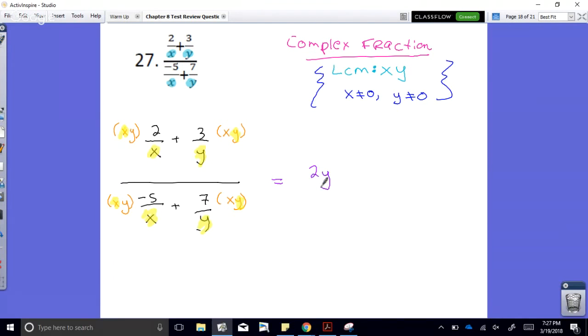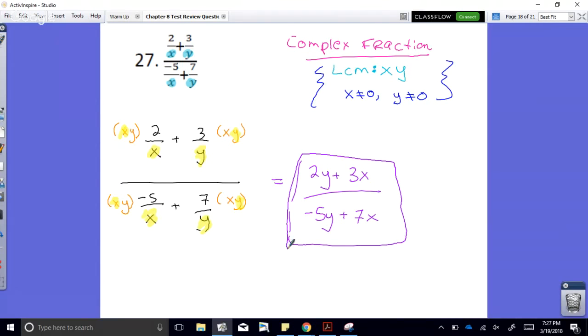So I have 2y. The next piece, I have 3 times x, so I have plus 3x. Negative 5 times y is negative 5y. Plus 7 times x, which is just 7x. And this is going to be my final answer.